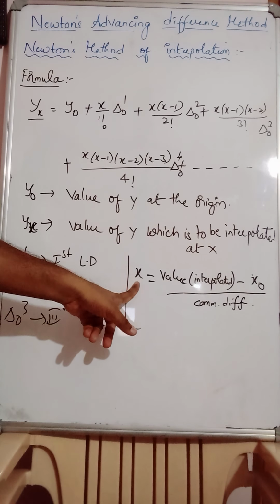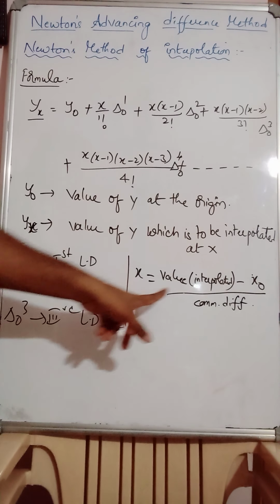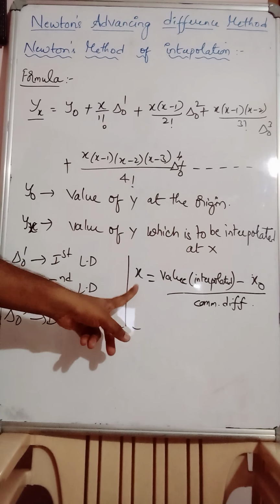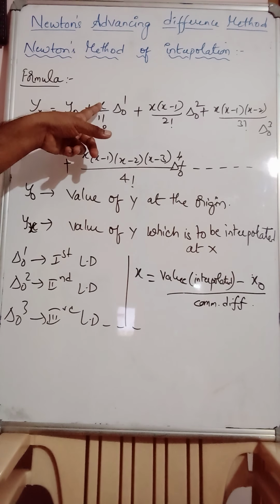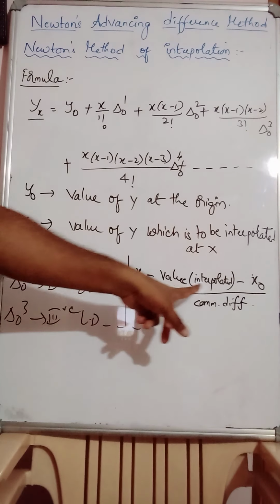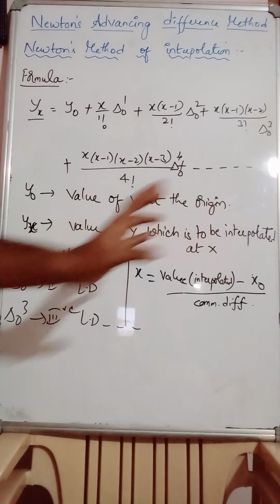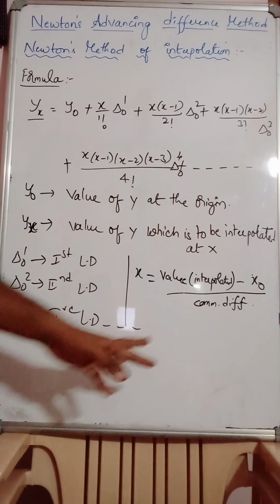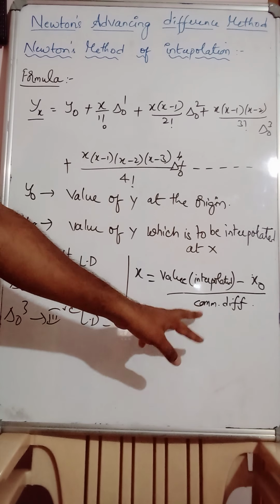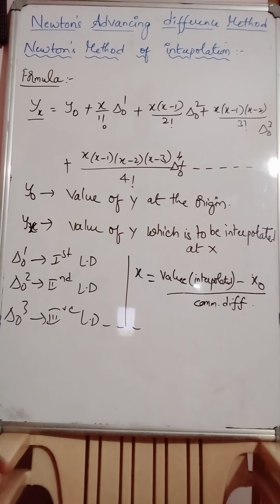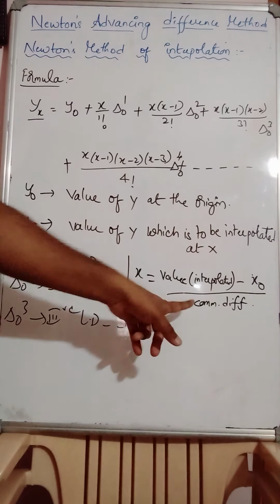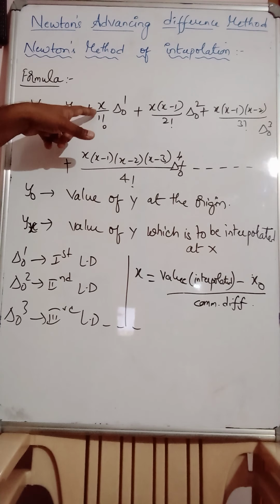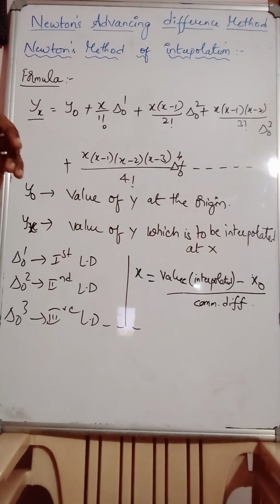For this x, what is to be estimated, there is a formula to find it: the value which is to be interpolated minus the value of x at the origin divided by the common difference among the adjoining values of x. Clear guys? By using this formula, you are going to estimate the value of x.